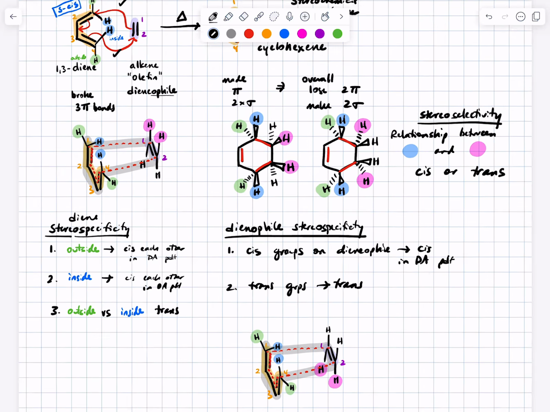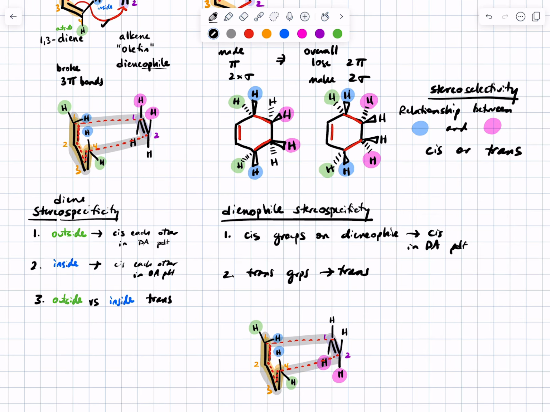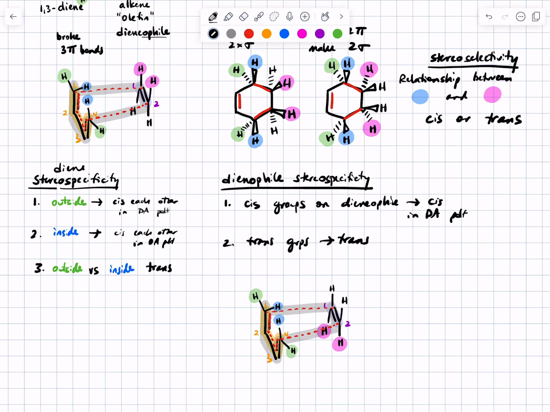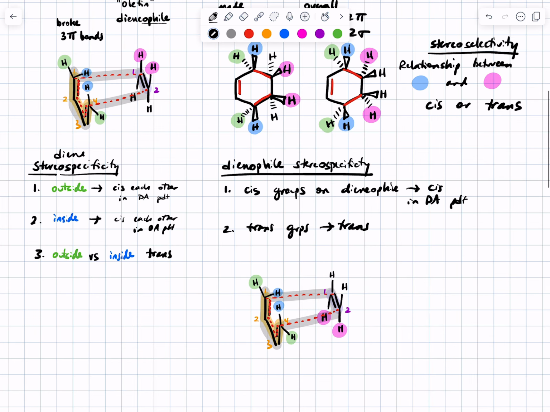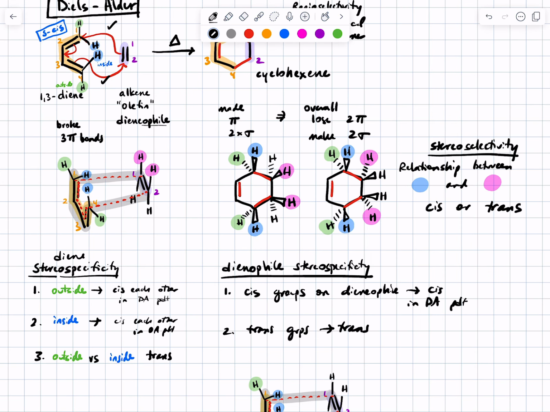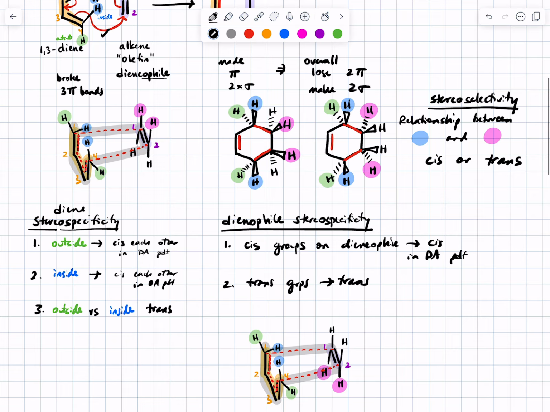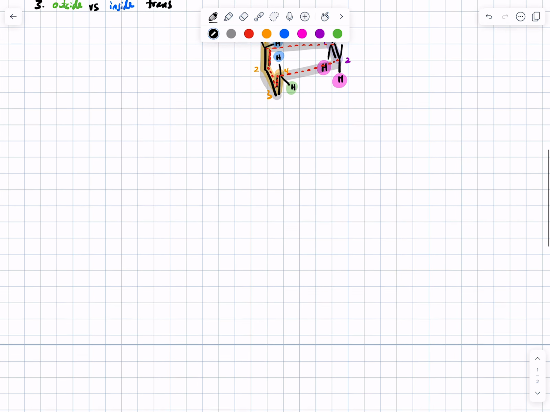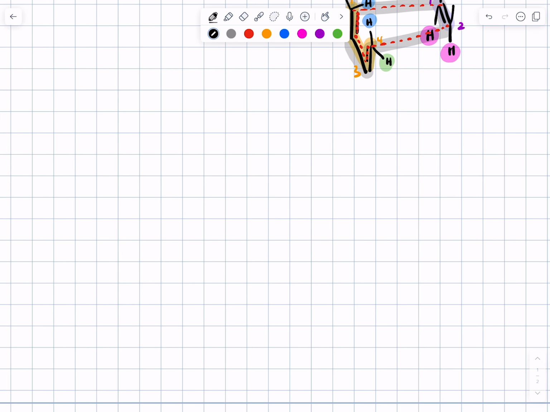Yeah. Okay. Now, we need to do some examples, but real quickly, I just want to tell you what the MO theory picture of things is. So far, we've talked about the stereochemical issues, but without examples. So put pause on that. Let me show you what's going on in terms of the MO picture of the Diels-Alder reaction.